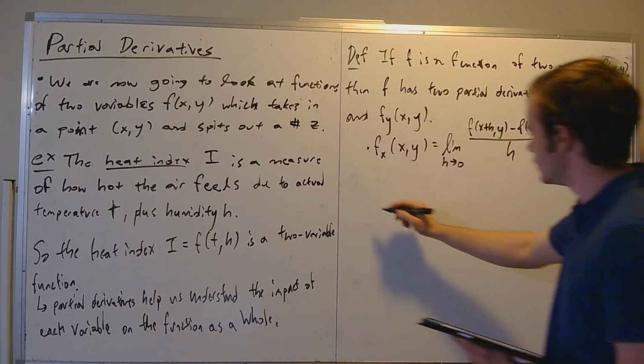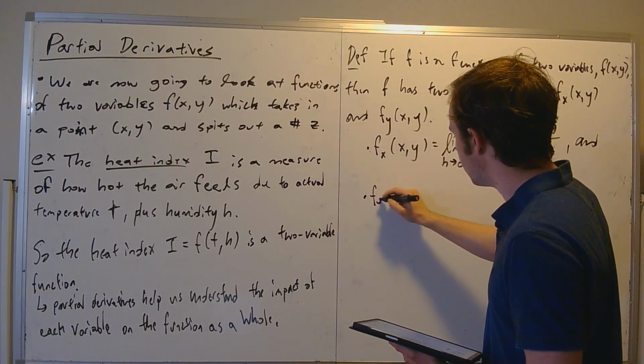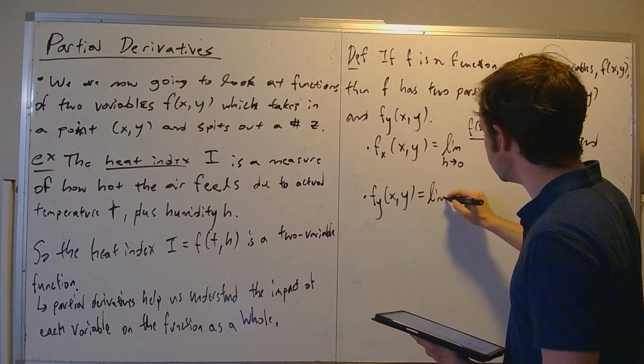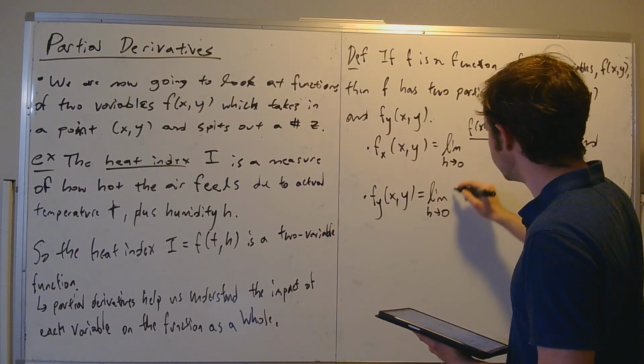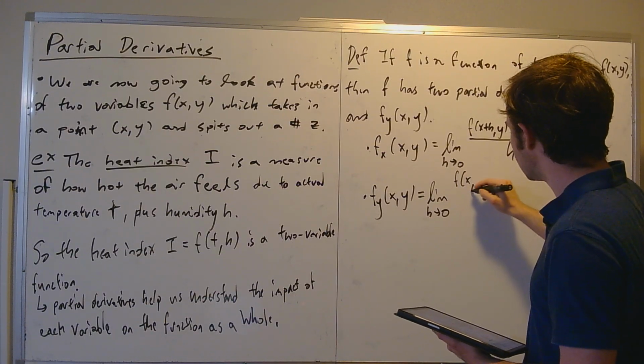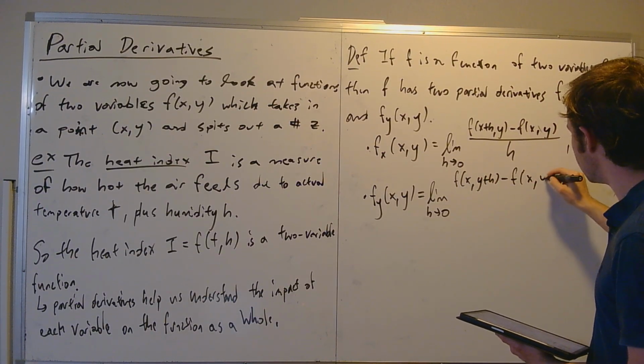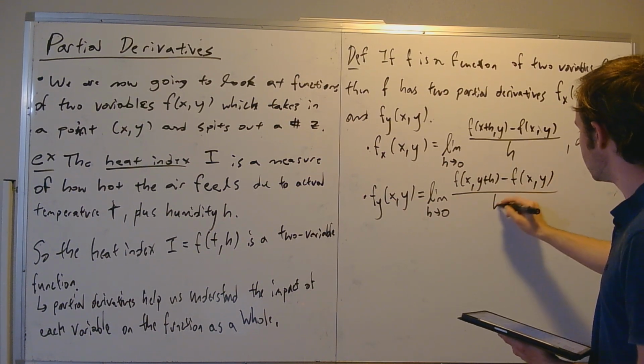And let's define f_y of x and y to be equal to the limit as h goes to 0 of f of x comma y plus h minus f of x comma y, over h.